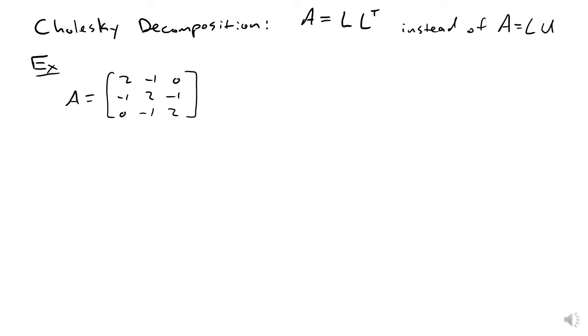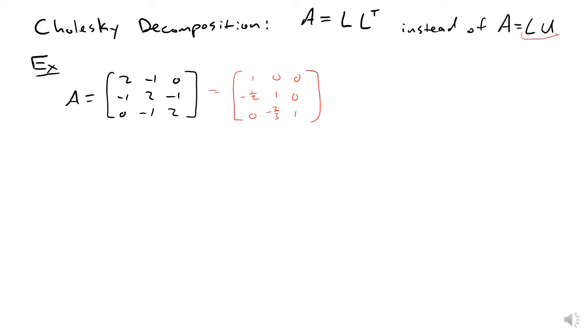Now, if you wanted to practice LU factorization, what we've already learned, I'll go ahead and tell you that if we wanted to do the LU factorization, what we would get would be 1, 0, 0, negative 1/2, 1, 0, 0, negative 2/3, 1.